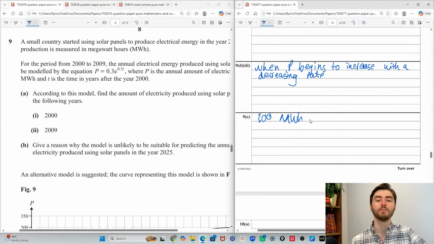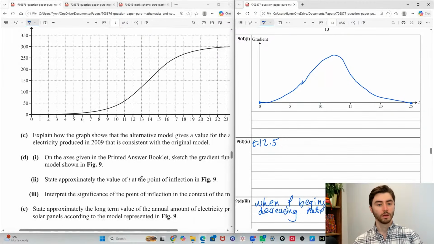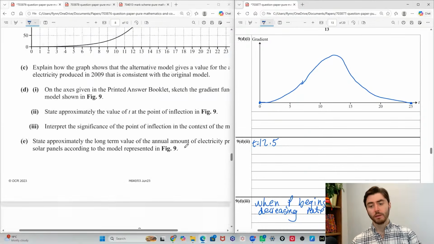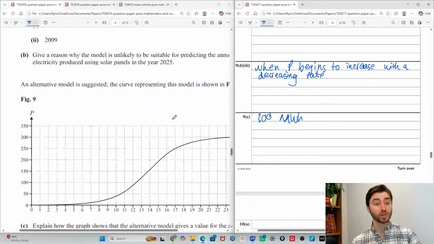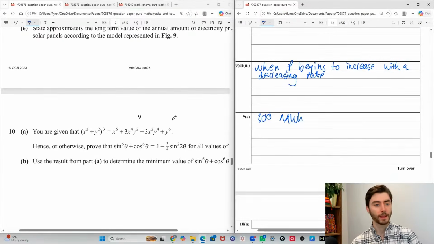Because this is a model, I want to make sure. For instance, this just said value of t. It didn't ask for the year. But in theory, I could have said that was 2012. But here I want to make sure I'm doing it in terms of the model, which means it's not just 300, it's 300 megawatt hours.